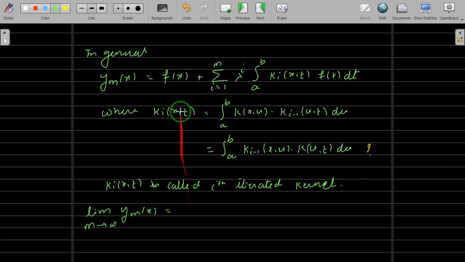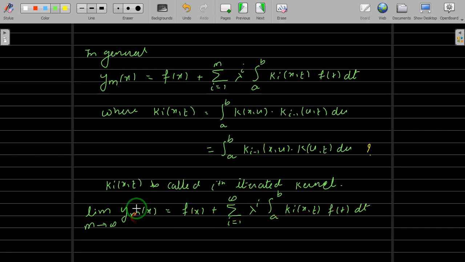When you write limit m tends to infinity ym, this f(x) is constant, so there is no worry here, the limit will be the same. When you take the limit, it will be f(x) plus summation i from 1 to infinity, lambda raised to i, integral a to b k_i of x comma t f(t) dt.